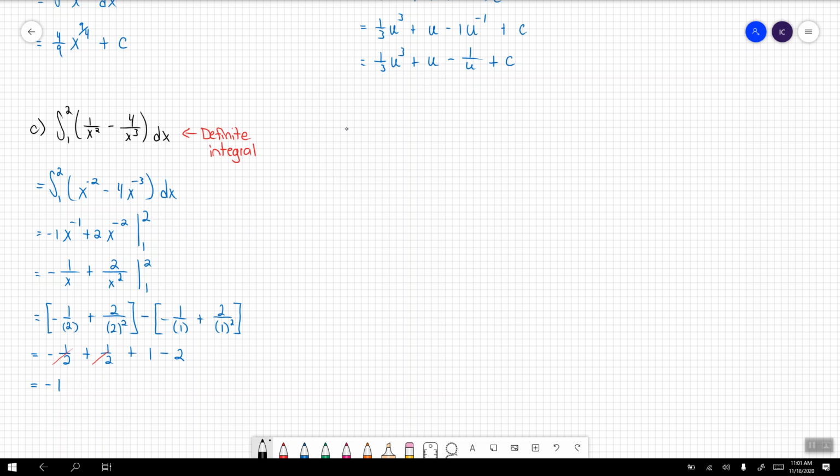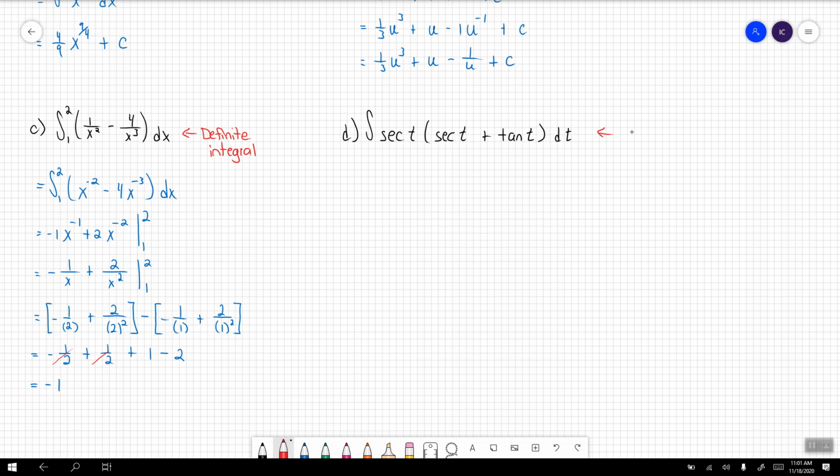Let's go with part D. So part D, we're going to do the integral of secant of t multiplied by secant of t plus tangent of t dt.